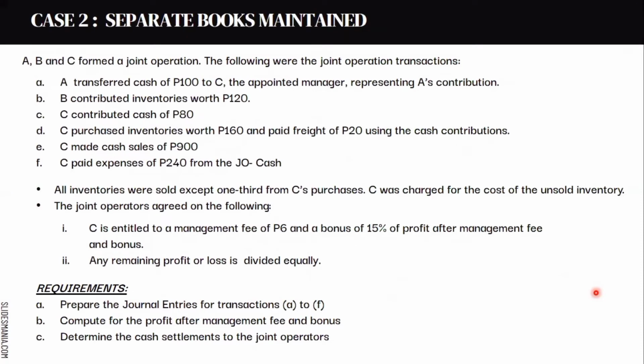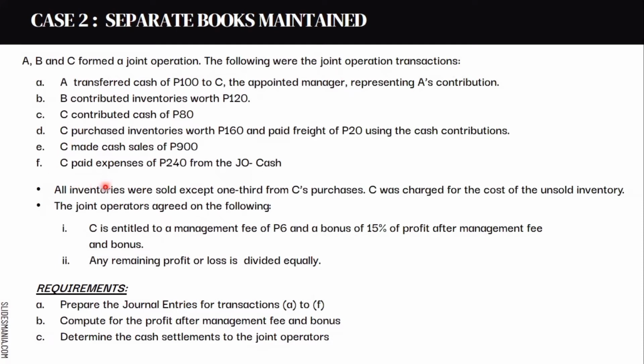Case number 2, parehas lang yan dun sa kanina na problem. Pero, para mas malaman natin yung difference ng separate books at saka no separate books. So, A, B, and C form a joint operation. The following were the joint operation transactions. So A to F yan. Mamaya ko na din yan basahin pag gagawin na tayo ng journal entries.